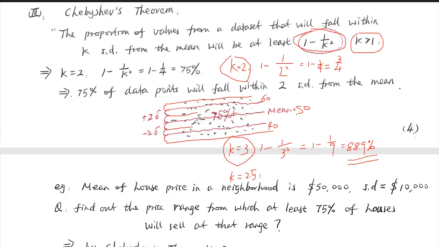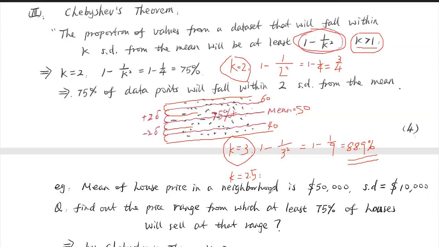That's not really useful. It's not really meaningful. That's the reason we usually require k to be bigger than 1.